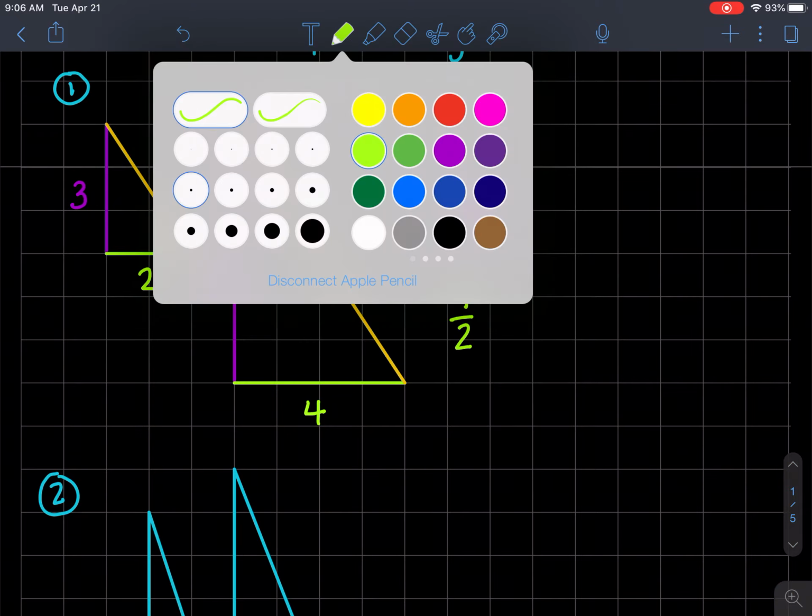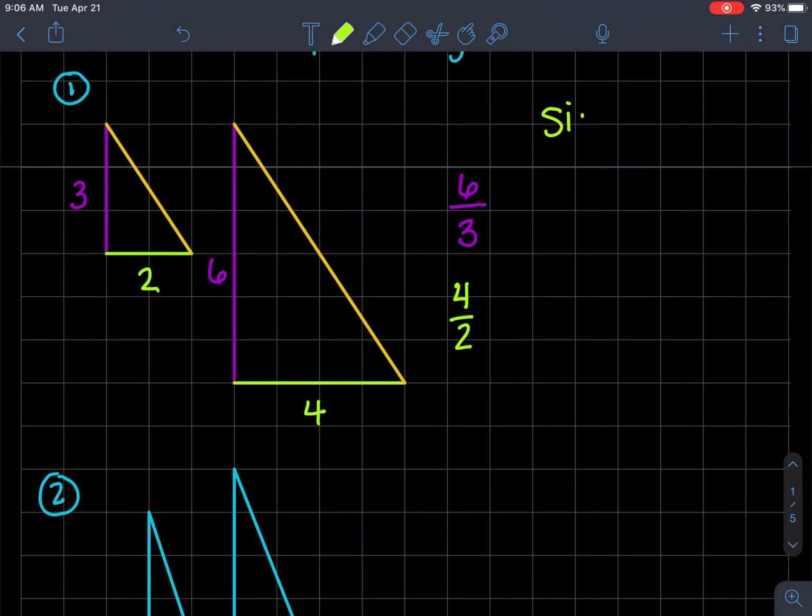And now we're just going to simplify to check if in fact it is a dilation. If it's a dilation, the number will be the same. Now it's not always going to be 2.